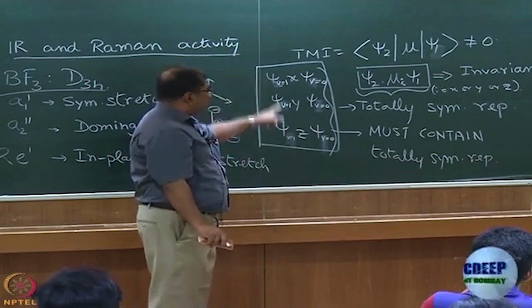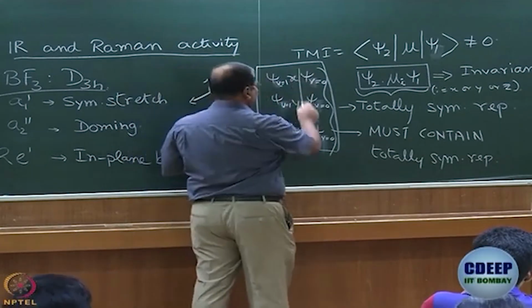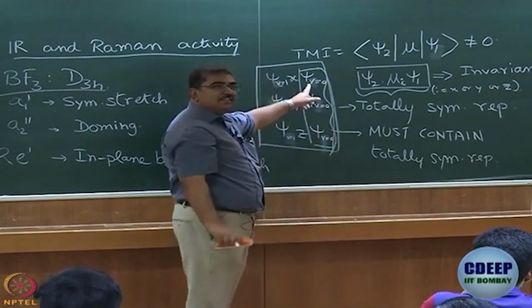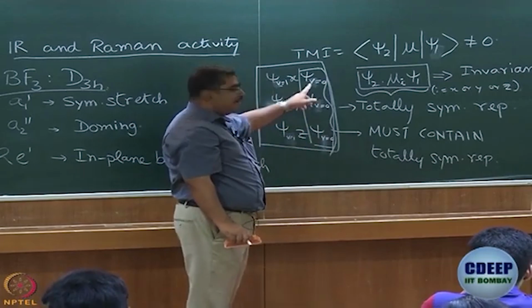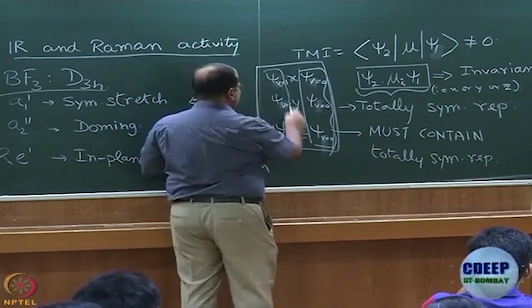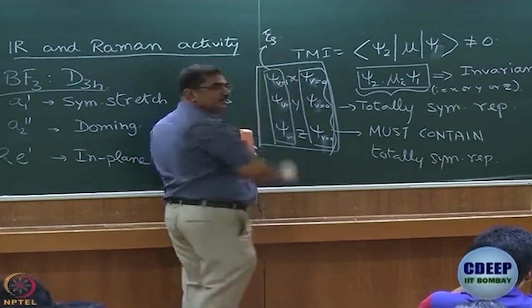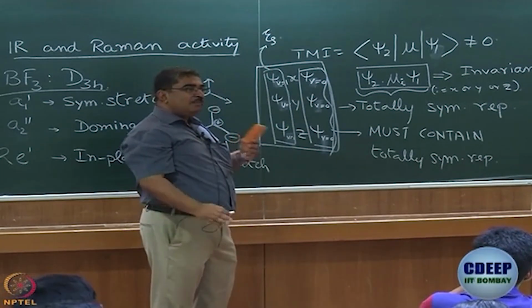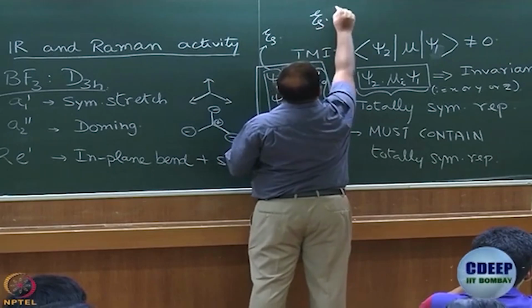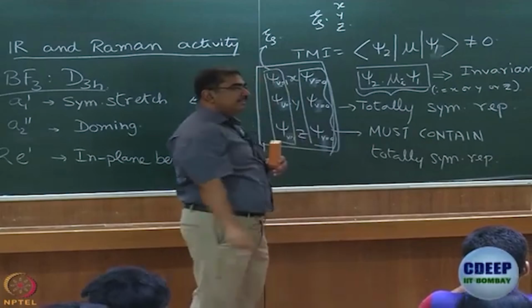Okay. What does this rule boil down to? This part we have shown is totally symmetric. So, we are left with these two, isn't it? And this part, what is it? Psi v equal to 1. We have said it is the same symmetry as xi. So, the problem boils down to what is the symmetry of xi multiplied by x or y or z, isn't it?